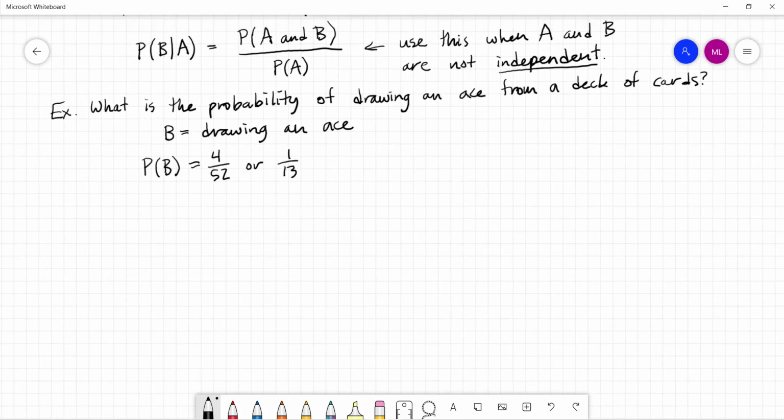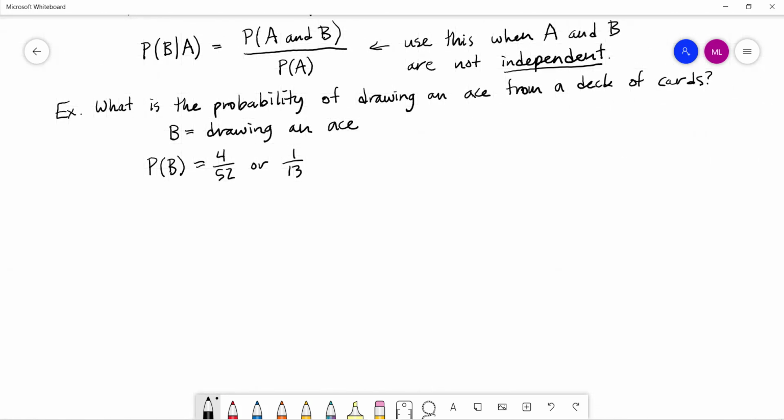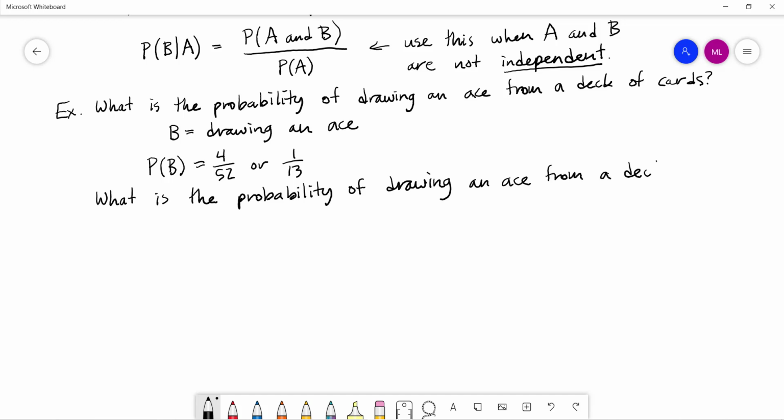But now if I give you the additional information that another event has already occurred: what's the probability of drawing an ace from a deck of cards given that we've already drawn one ace from that deck of cards? We've already drawn one card and it was an ace.